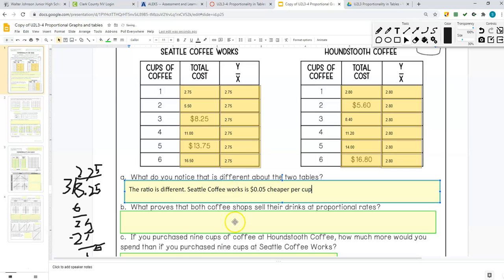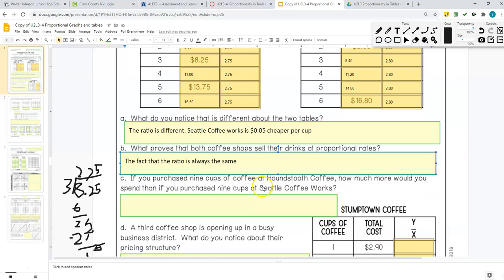What proved that both coffee shops sell their drinks at proportional rates? The fact that the ratio is always the same. So if the ratio was not the same, it would not be proportional. Now, if you were to purchase coffee at Houndstooth Coffee, how much more would you pay than if you paid to purchase 9 cups of coffee at Seattle Coffee Works?